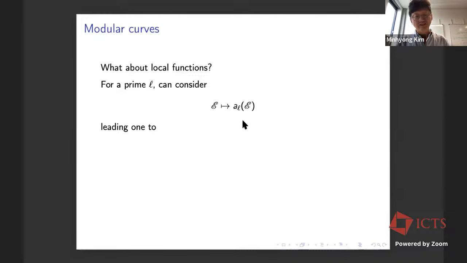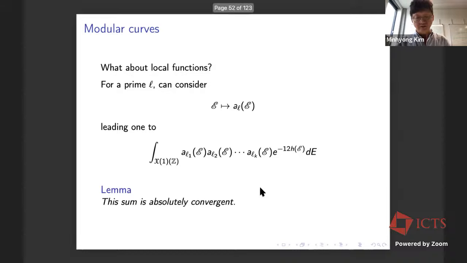But once you have something like this, the quantum field theory perspective makes it irresistible to try to set up integrals like this and compute them. I'm not going to be able to do this. I'm just posing this as interesting quantities to consider. Of course, this is absolutely convergent because these a_ℓ are all bounded.